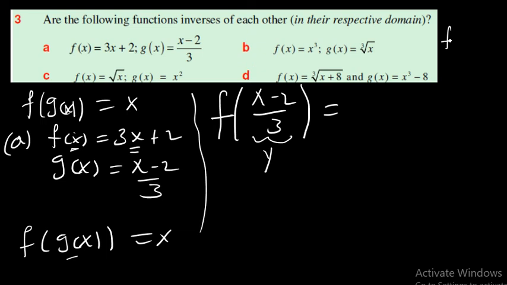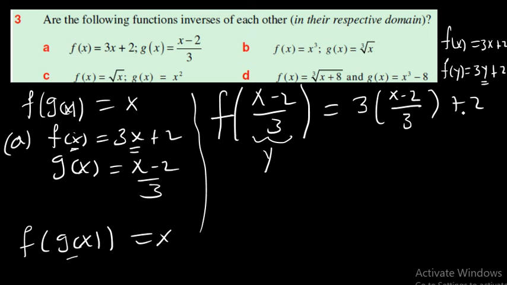So f of x is equal to 3x plus 2 means if it is f of y, what to do? 3y plus 2. So in place of y, replace. The y is the whole thing. So what to do? 3 times (x minus 2) over 3, plus 2. That means when you multiply, the 3 cancels here, what is left? X minus 2 plus 2 remains.